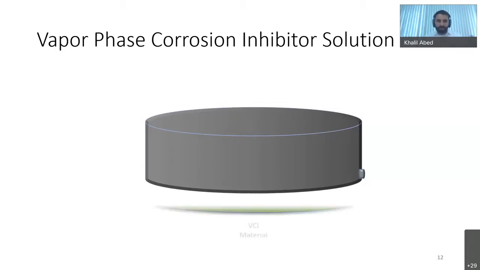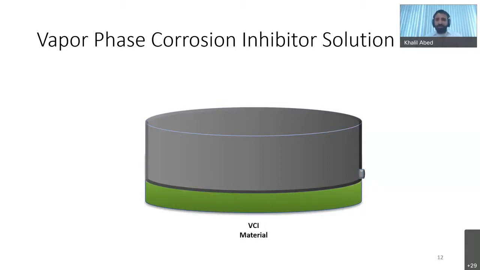The first component is the volatile corrosion inhibitor material, which can be in the form of powder or slurry, as we will see, depending on the application methodology. It's introduced under the tank, and we will see how this material can be introduced depending on the tank status, whether it's in service or out of service. The second component is the monitoring system. We introduce a corrosion monitoring system to monitor the corrosion before and after the introduction of the vapor phase corrosion inhibitor material.